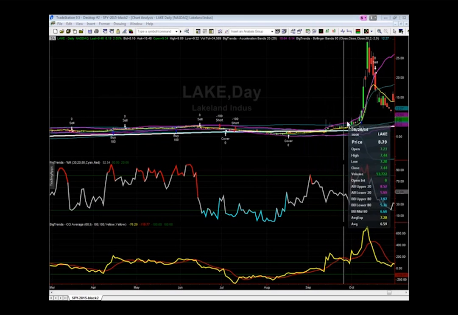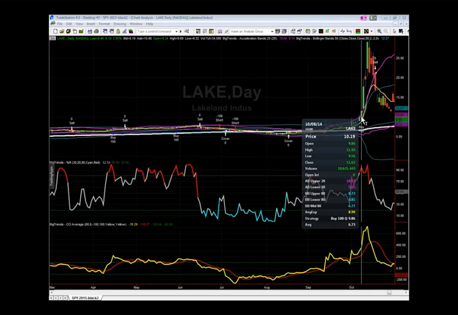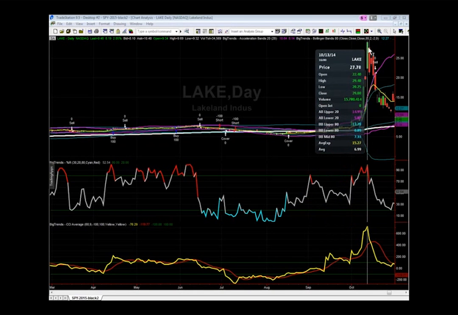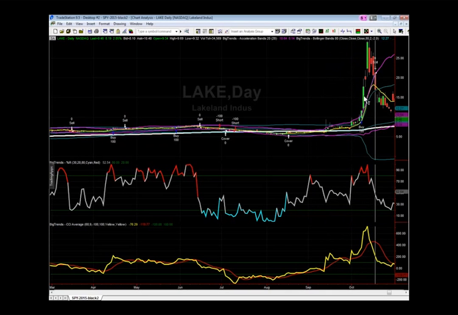We're trying to catch it as it moves from one phase of trend into a much more parabolic phase of trend. And this one just didn't have options. It was just a stock signal. In this case, you see it went from 9.86, got as high as 29.40, and then exited at 21.30. So a little more than a double on that Ebola scare play in about 7 or 8 trading days.